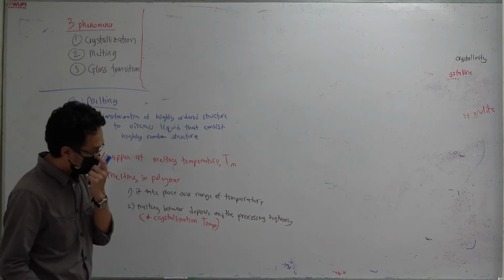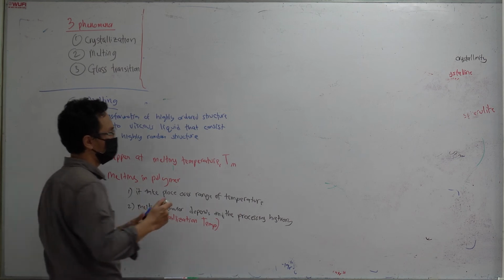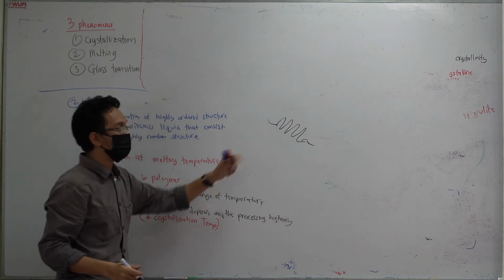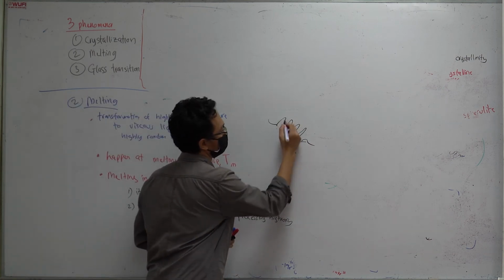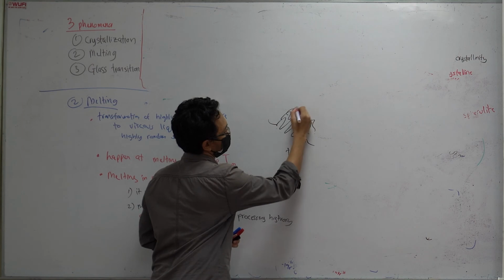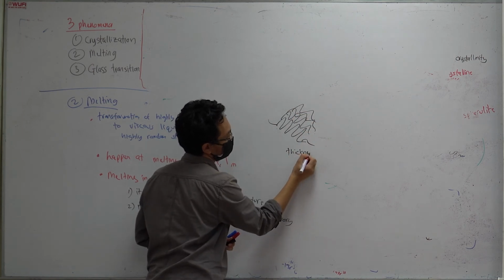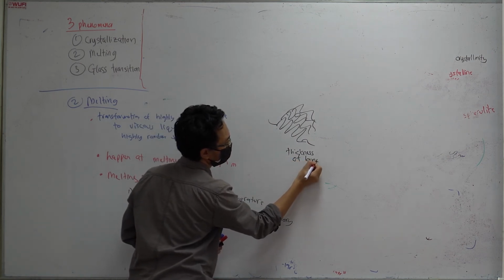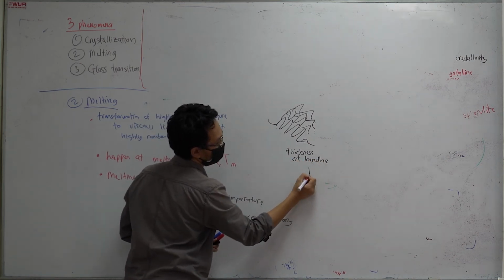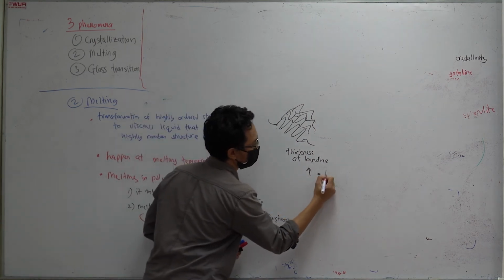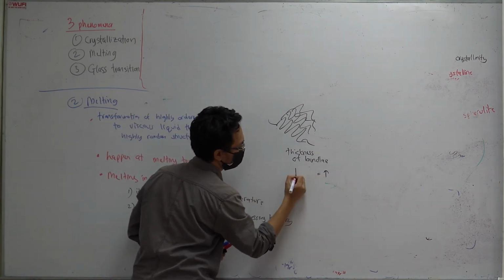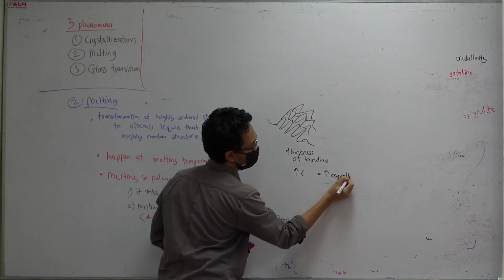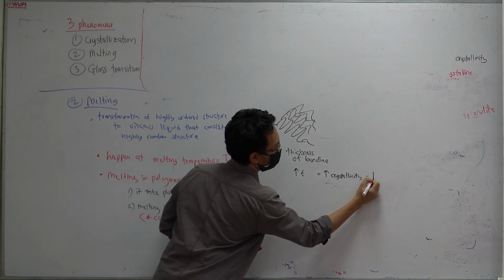Because as you saw before, we have this lamella, the lamella fold. The thickness of lamella plays a role. The higher the thickness, the higher the crystallinity, meaning the higher the melting point.